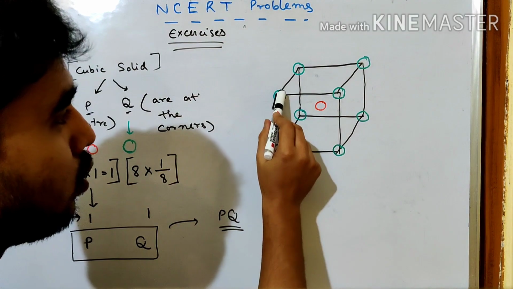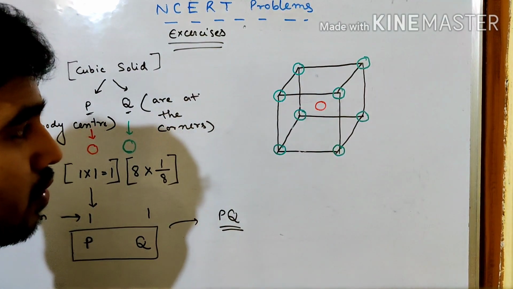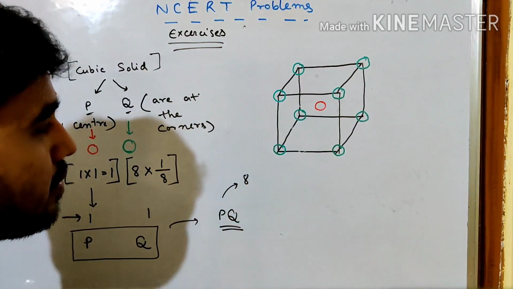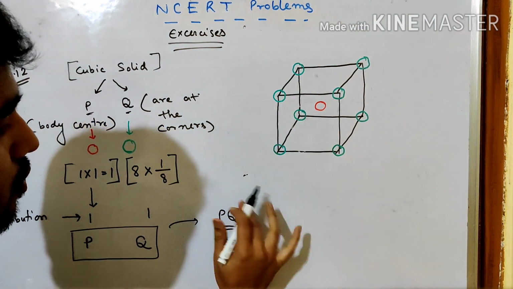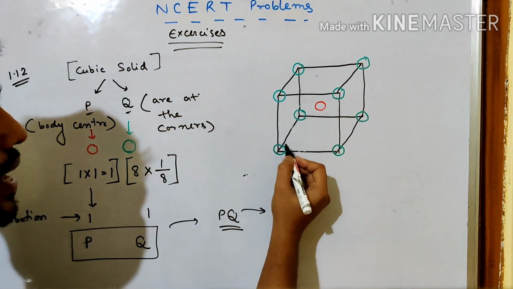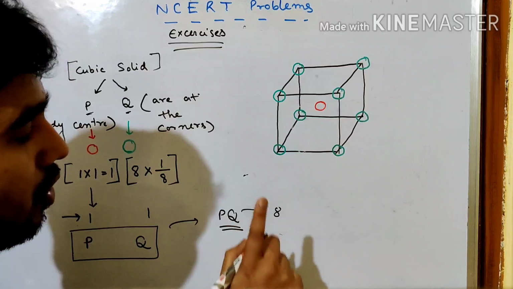Further it is asked, what is the coordination number? We know the corner atoms are each connected to 8 unit cells. So for Q, we are talking about the corner, it is 8 because it will be in touch with 8 other cubes and everywhere there will be further atoms.